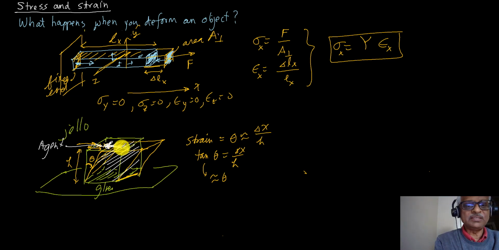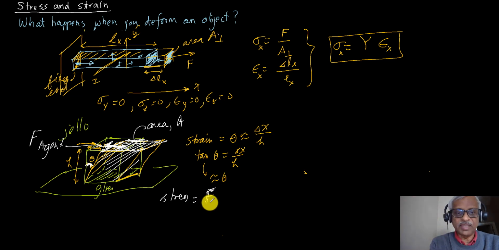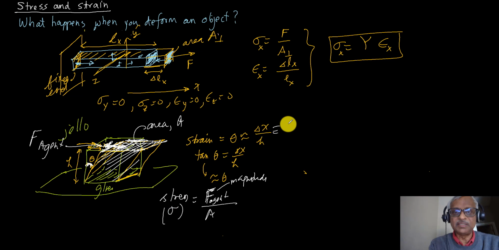So you can see that the force of the agent will be matched by this in order to maintain this much strain, and the stress will be computed per unit of this area, say this A. So this stress here will be this force being spread over this whole area, equal to the force of the agent spread over this whole thing. This is the magnitude over this area that we just drew like that. So now this will be the stress and this will be the strain.